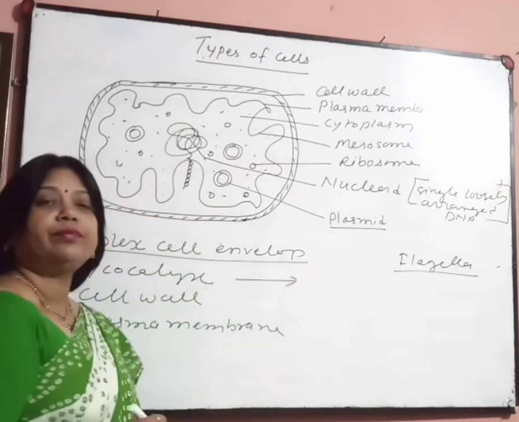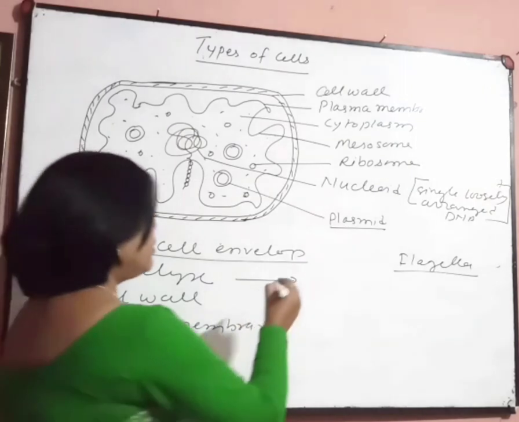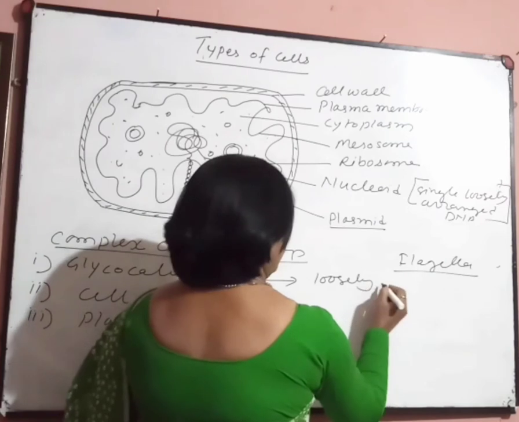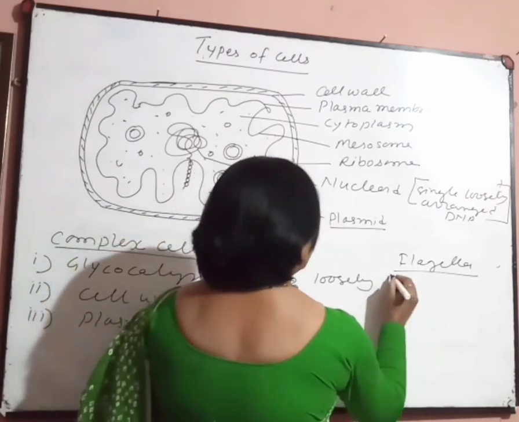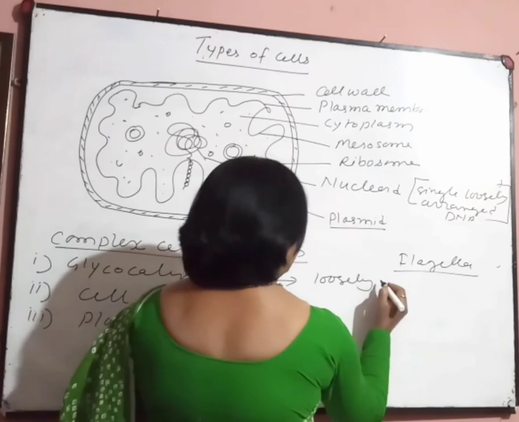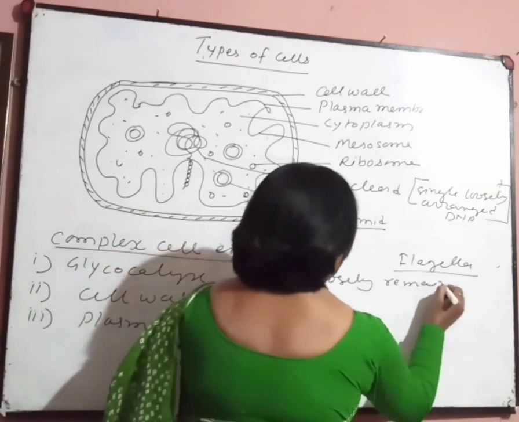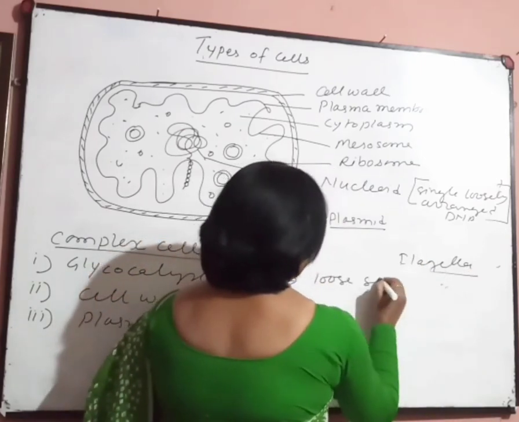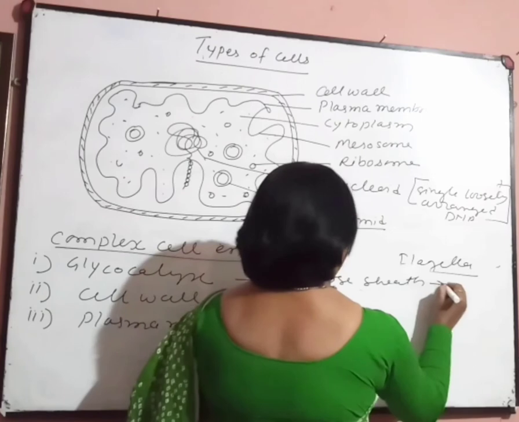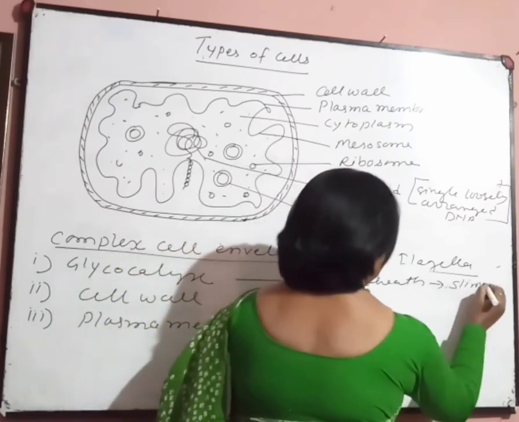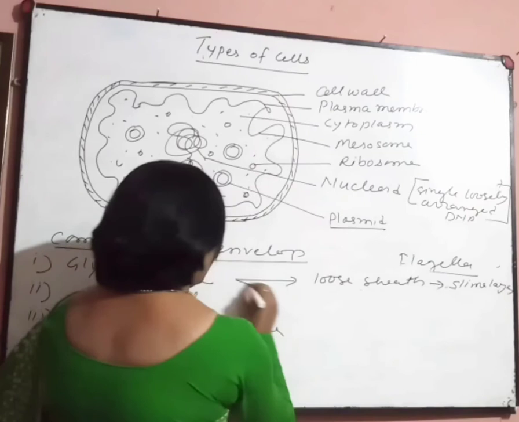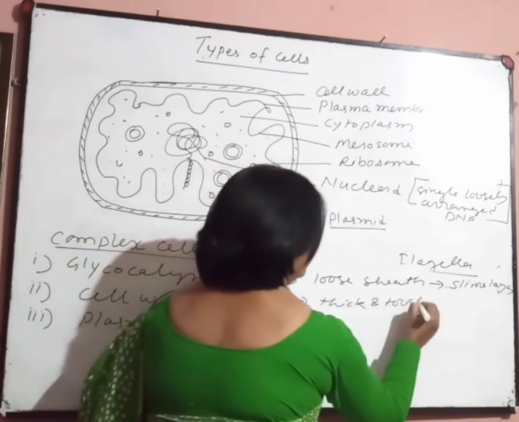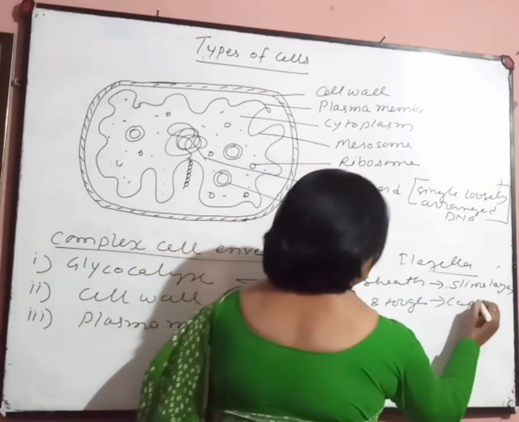Glycocalyx is of 2 types. Some remain loose, sheath like, known as slime layer, but some is thick and tough, known as capsule.